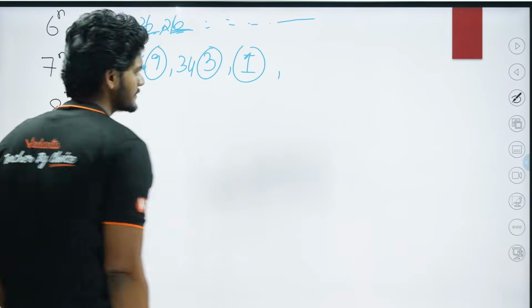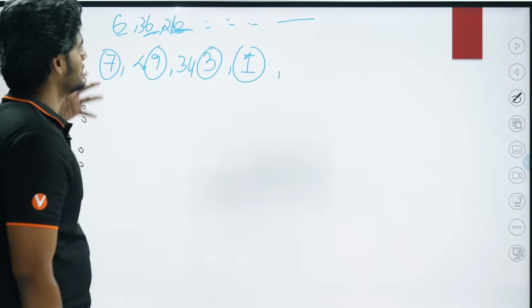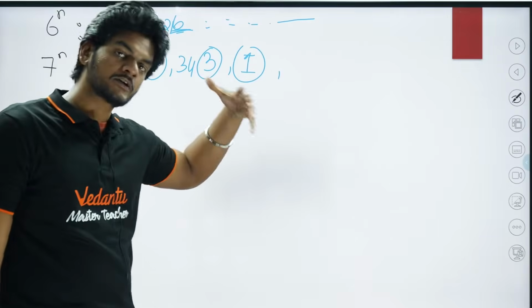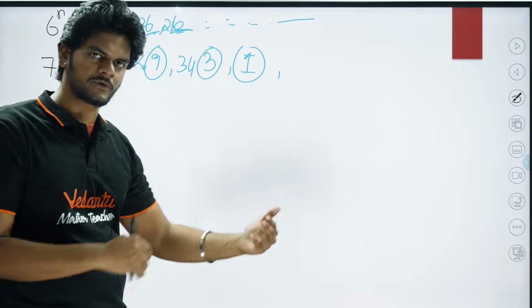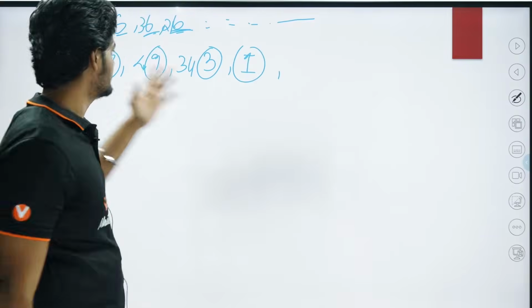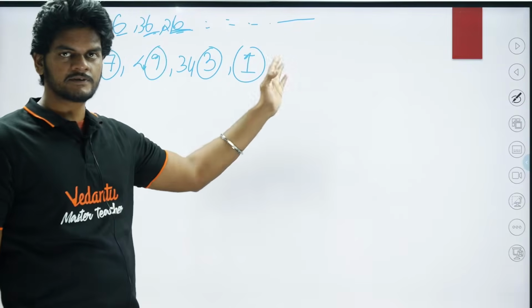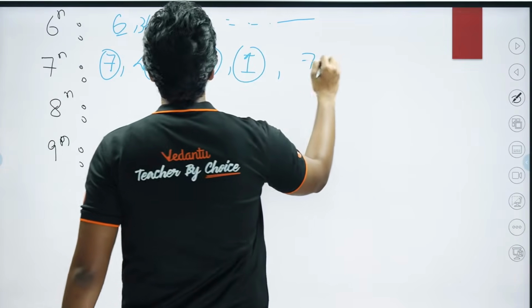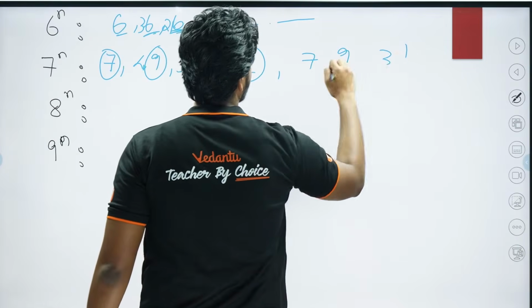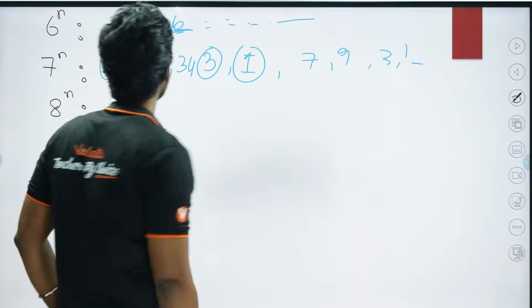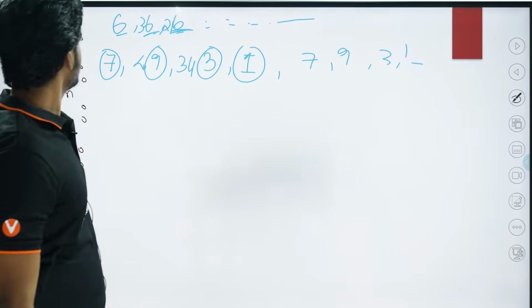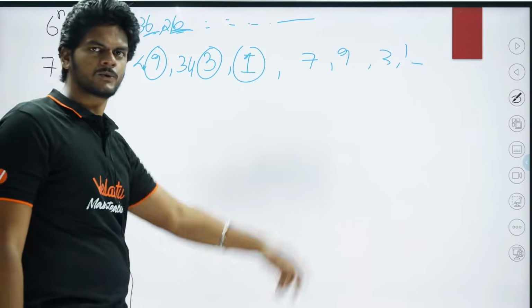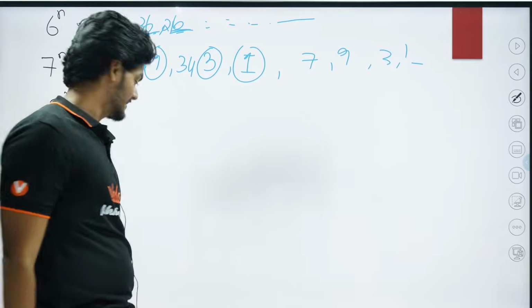By now, we should have figured out that the powers are repeating in a cycle of 4, a set of 4 at most, right? The maximum different numbers which we have is 4, and after that it's repeating. It is 7, 9, 3, 1. Right? Maximum it's 4, otherwise it's also just 5, just 6, right?